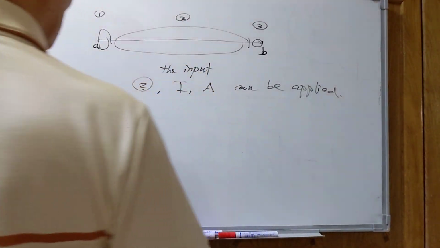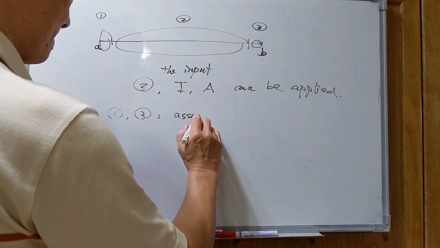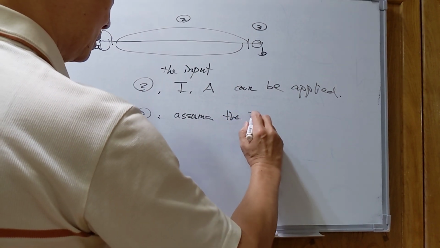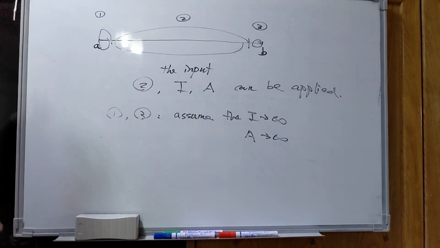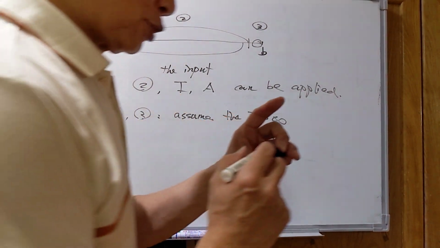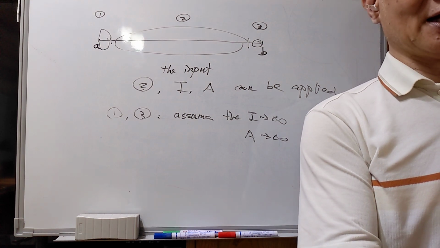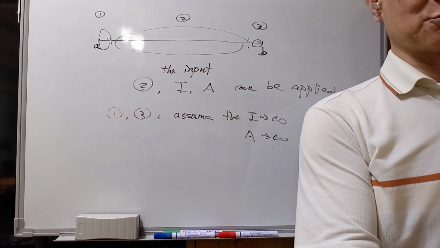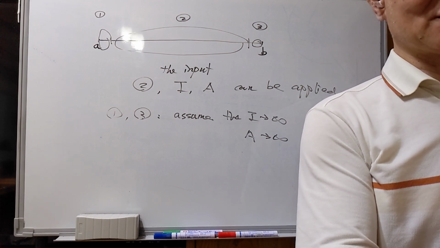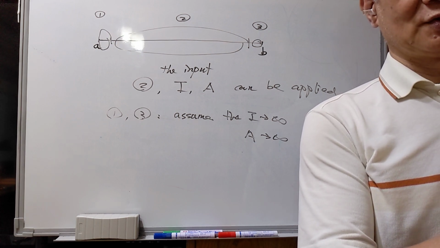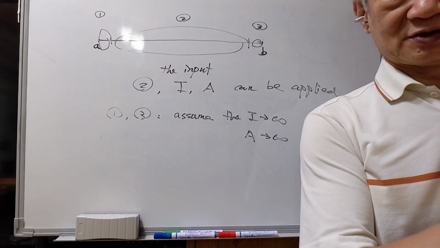But for part 1 and part 3, assume the I approaches infinity and the A approaches infinity. Okay, so those are the assumptions for the parts of the element in the real structures. Part 1 and part 3 are the parts that start from the joint to the column face, and at the right end from the column face to the joint.